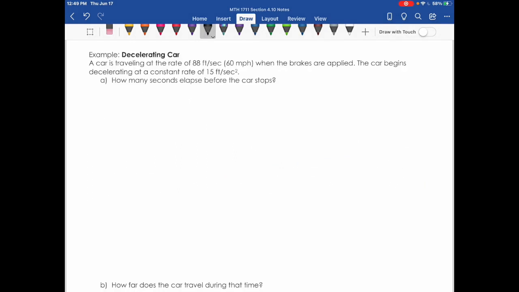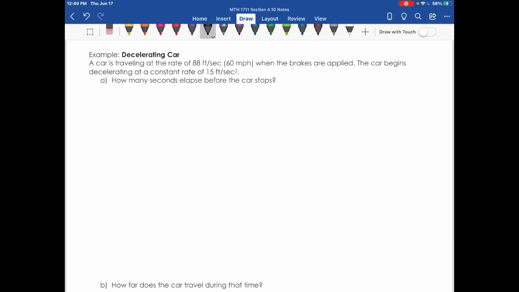In this last example of the lesson, we are going to go through an application of antiderivatives. And the problem reads, a car is traveling at the rate of 88 feet per second, which is 60 miles per hour, and the brakes are then applied. The car begins to decelerate at a constant rate of 15 feet per second squared.